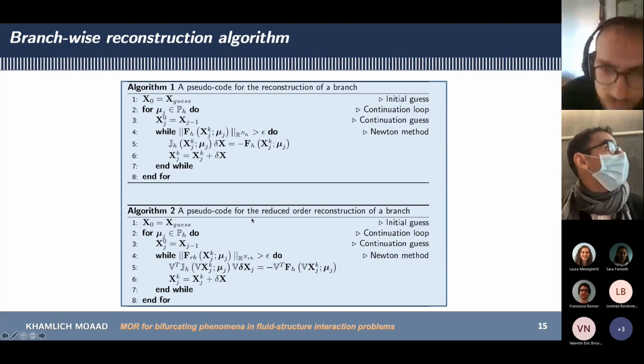And this was enough in order to follow our branches, but may not be enough for a generic problem. So there are also more complex continuation strategies.